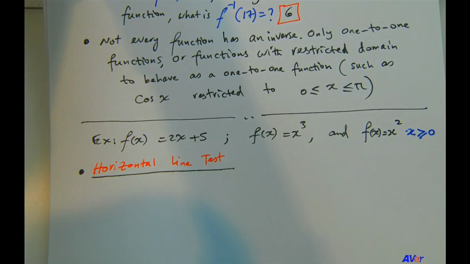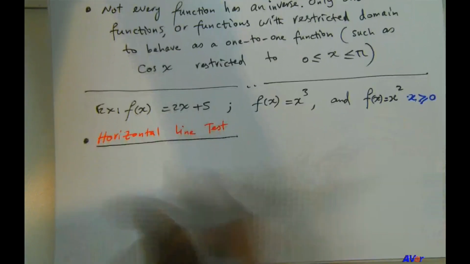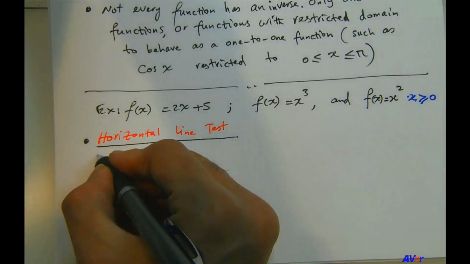If this horizontal line intersects the graph at any point only once, then the function that generates that graph is a one-to-one function. But if the horizontal line intersects the graph at more than one point, then the function is not one-to-one. So this is from the past.